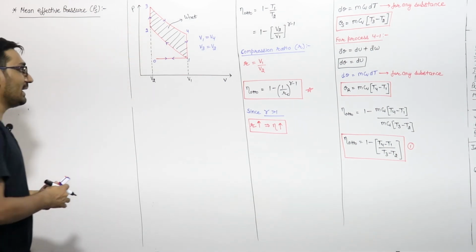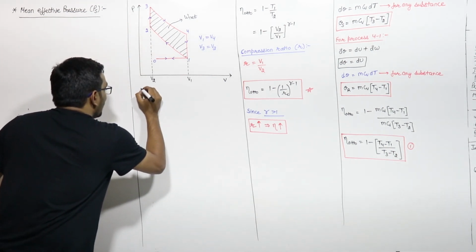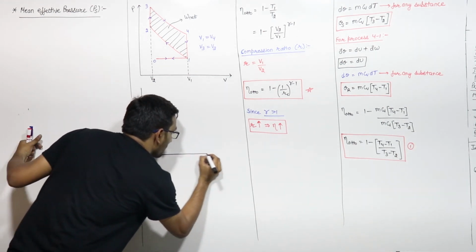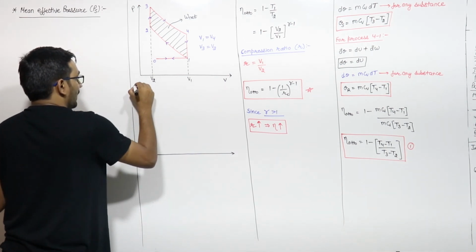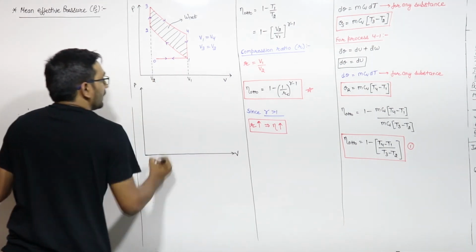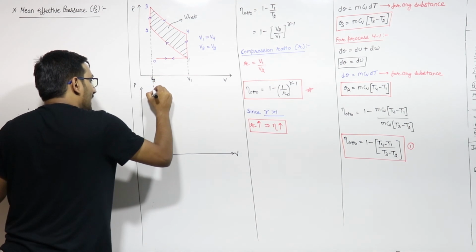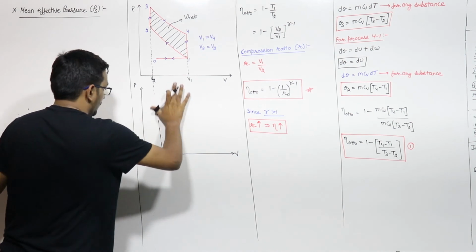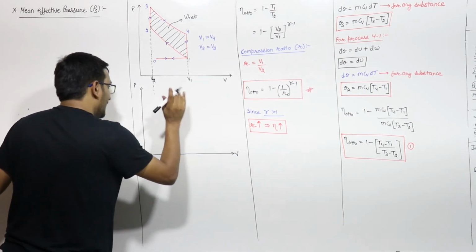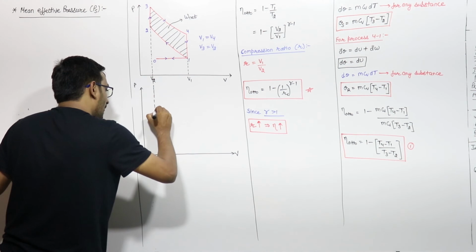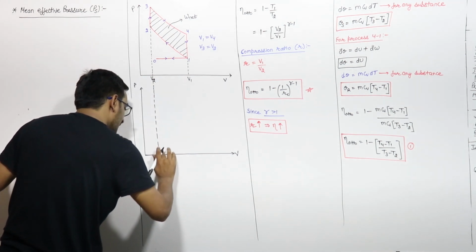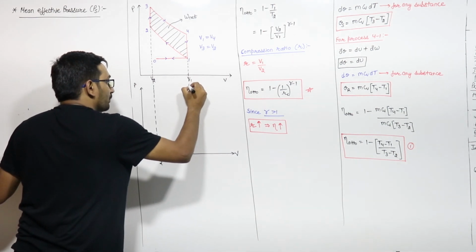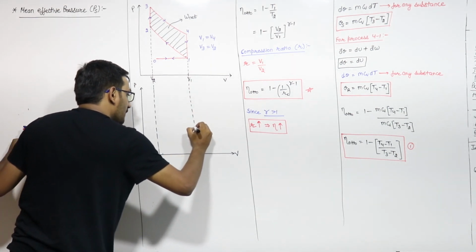If I define a mean effective pressure, suppose this is the PV diagram, between these same volume limits, suppose this is V2 and this is V1.